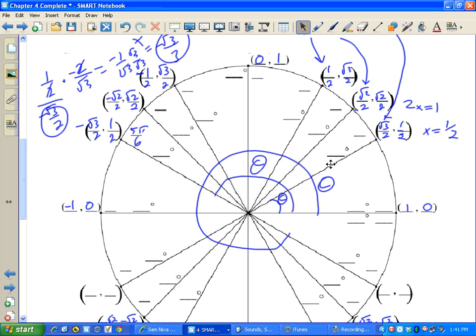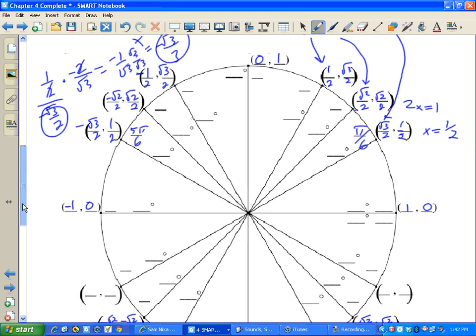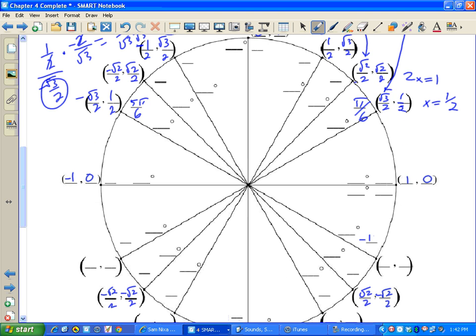So let's look at our circle here. And let's look at cosine values and think even or odd. Okay? So cosine is even, which means if I put a negative value in, I'm going to get the same value out as if I had put the regular number in. So let's find a couple negative values. So this is pi over 6. This here is negative pi over 6, if you think of it that way.